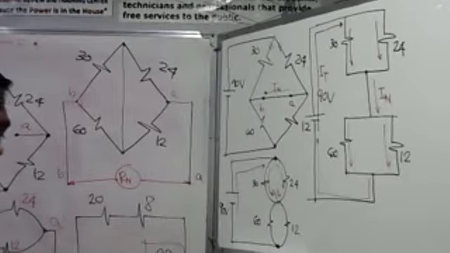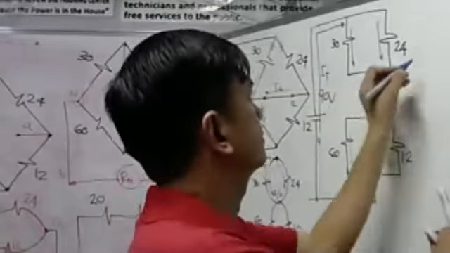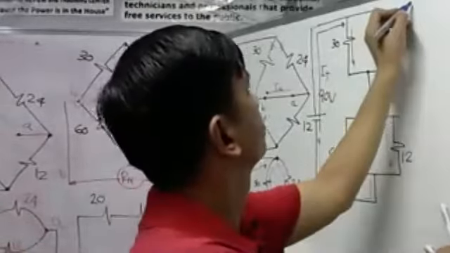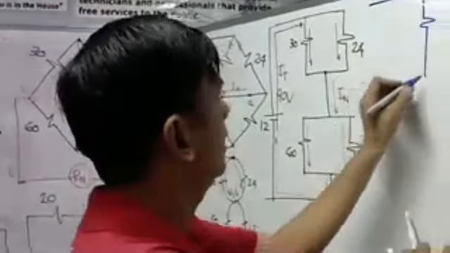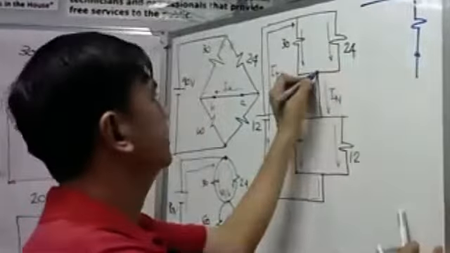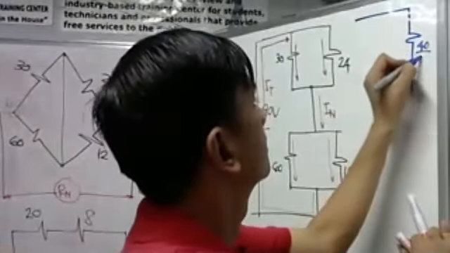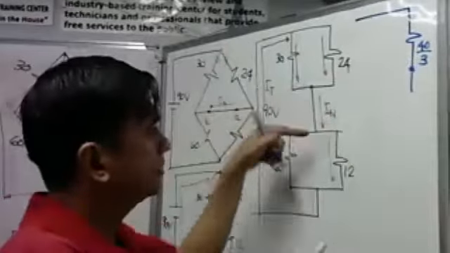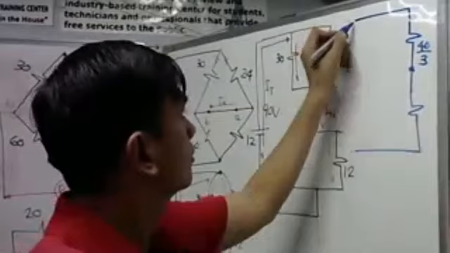Equals, okay, the answer is, I'll make it in fraction, 40 over 3. I will have an equivalent circuit here, guys. That one, and then this point is this point, so that is 40 over 3. Okay, and then this point. Okay, so we have here our equivalent.